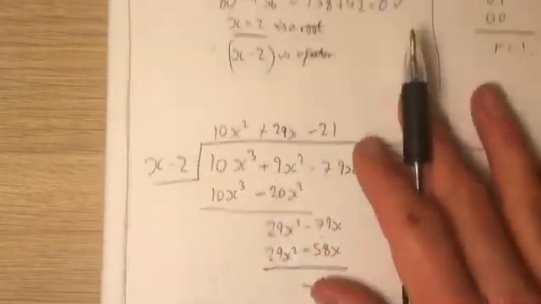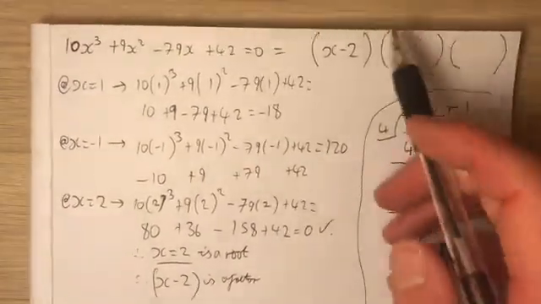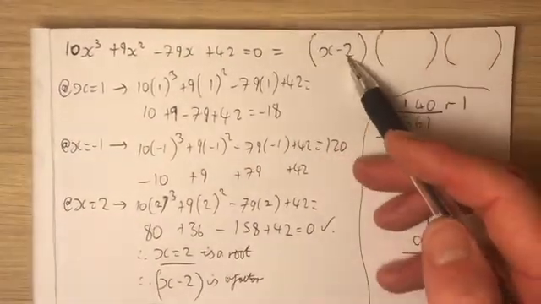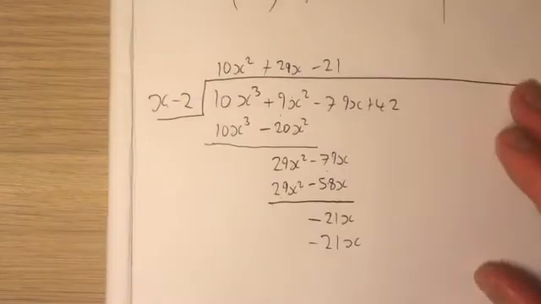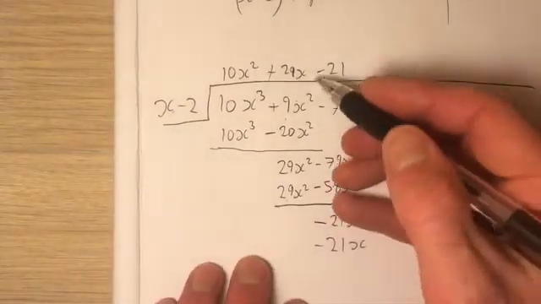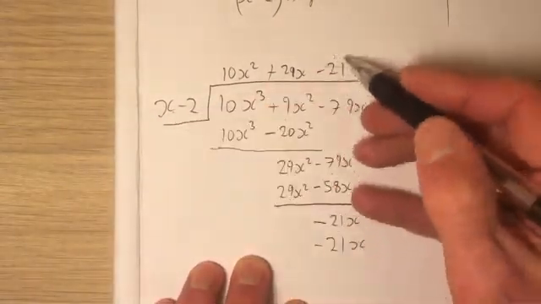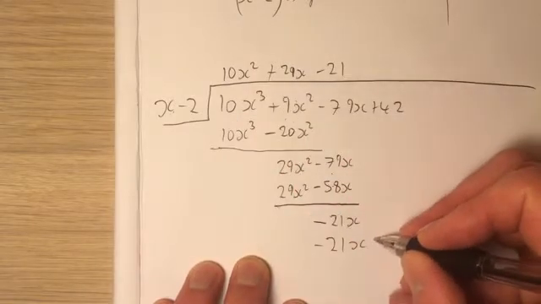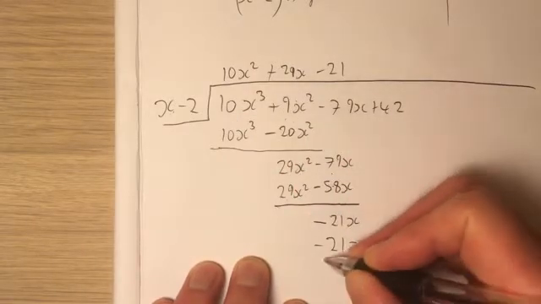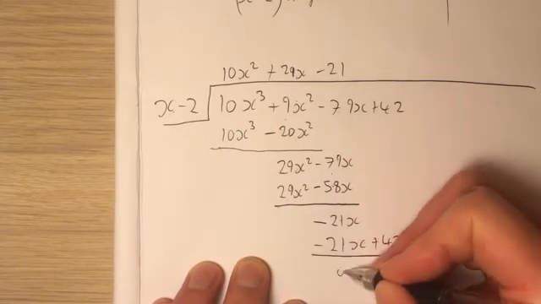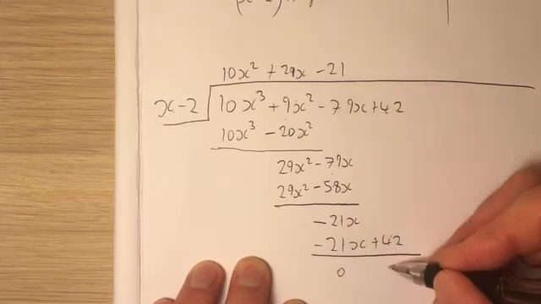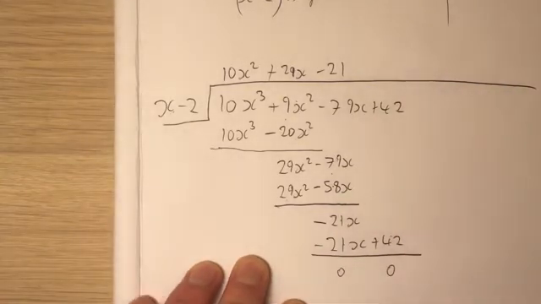Because whenever I expand out the brackets, I'm always going to be doing this times the stuff and this times the stuff. So I've got negative 21x, negative 21 times negative 2 makes positive 42. Take them away and I've got nothing. I've left with no remainder, 0 remainder.